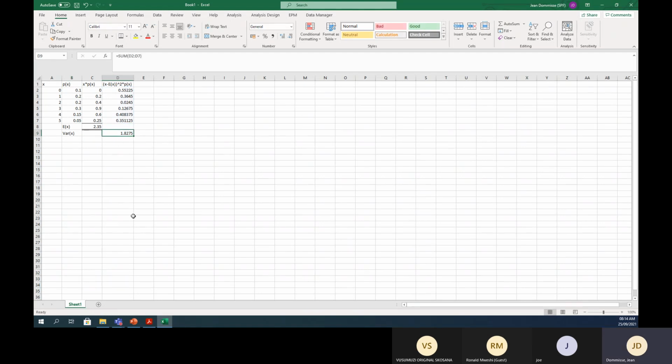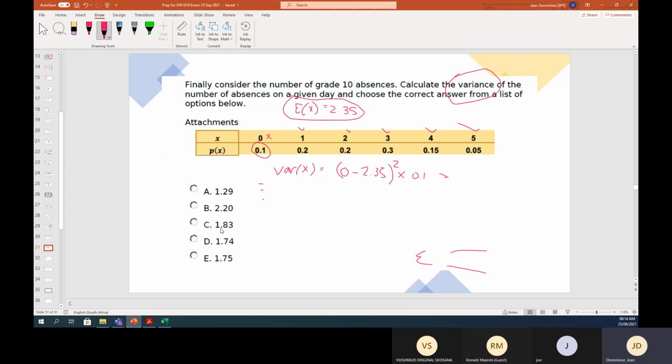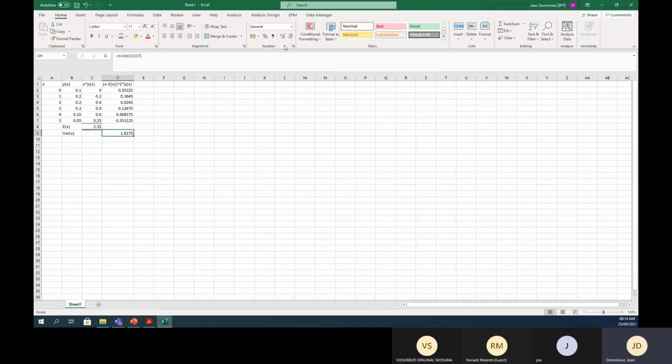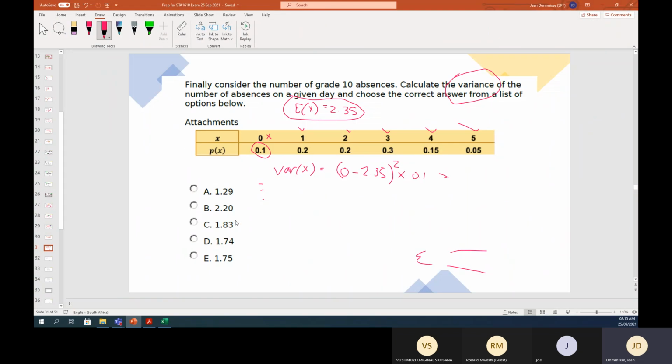Okay, and let's see if there was an option of 1.8275, or maybe we need to round it off. Okay, so it's rounded off to 2 decimals. So let's just do that. Okay, 1.83, 1.83, 1.83. Okay.